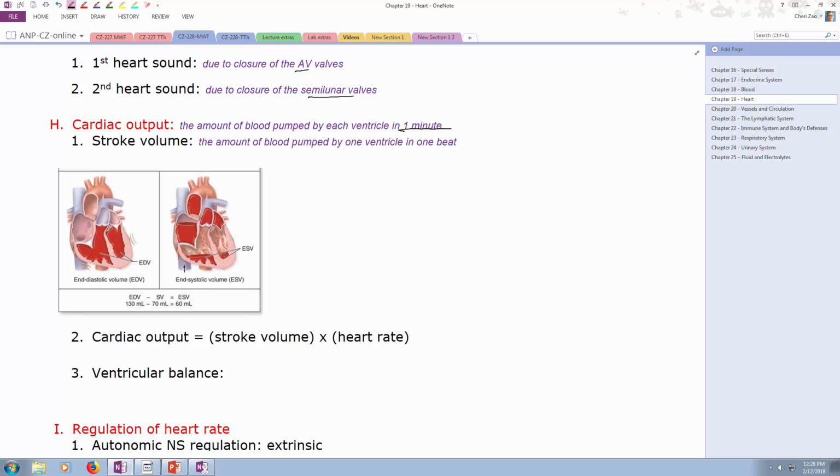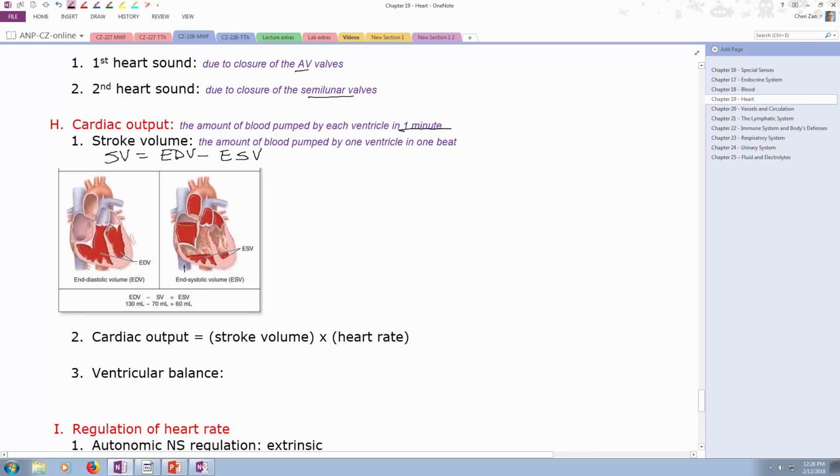We have a term here called stroke volume, or SV. Stroke volume equals the amount of blood pumped by one ventricle in one beat. And so it is EDV, end diastolic volume, minus ESV, end systolic volume.